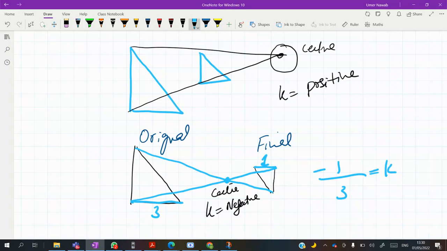Got it? But in this case, if this is the original shape and this is the final shape, and if this is 3 and this is 1, then the scale factor will be 1 over 3 but positive, since the center is not in between.